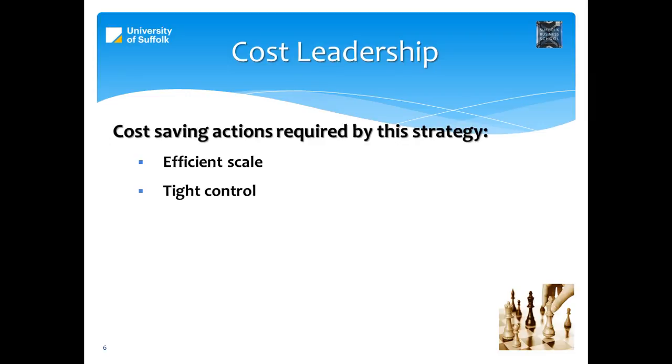You're tightly controlling the production costs, you're tightly controlling all the overheads. It's obviously really important to minimise the costs of the sale, and to minimise the research and development and the service you're providing.